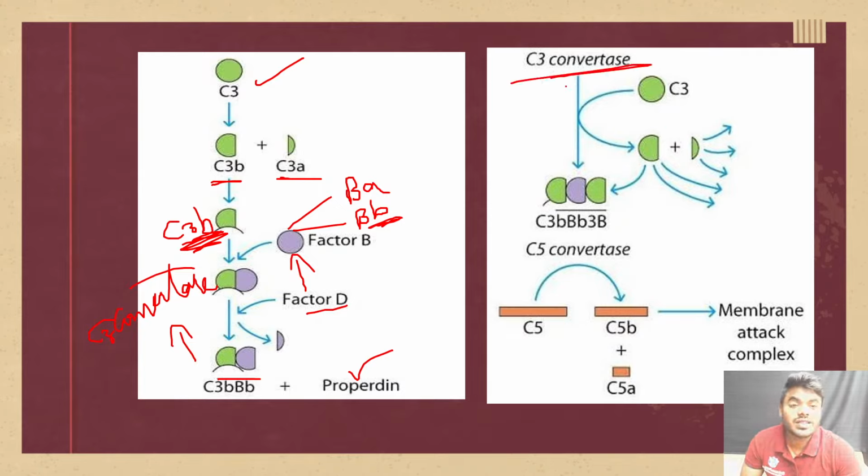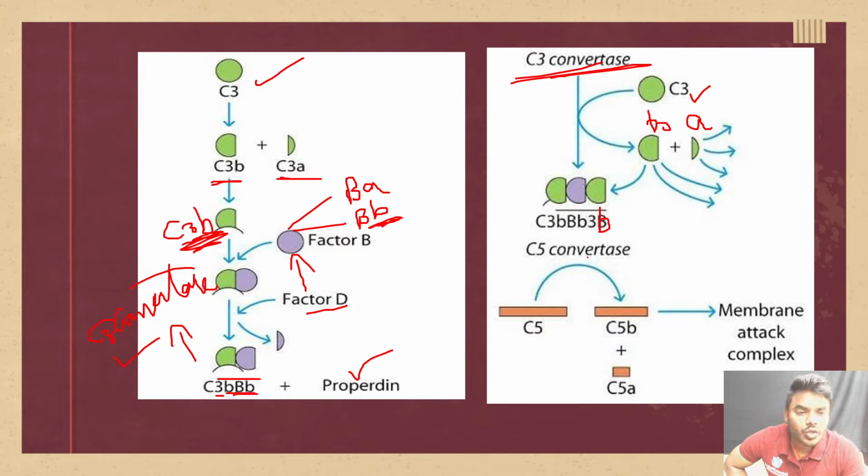Now, I told you this is acting as the C3 convertase. What's the function of a C3 convertase? Breaking down the C3 only. This C3 convertase breaks down the C3 into C3B and C3A. Now don't get confused. Now what is the complex?